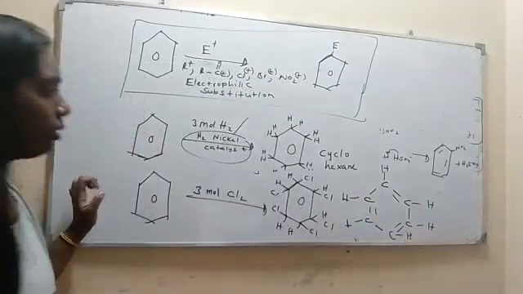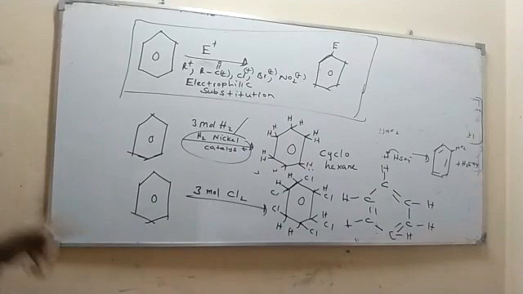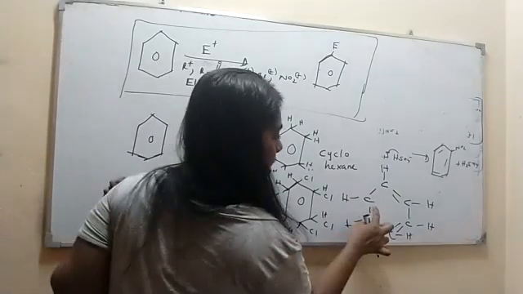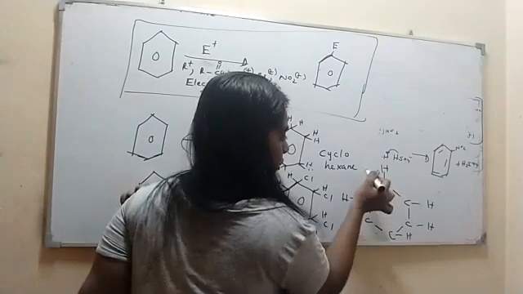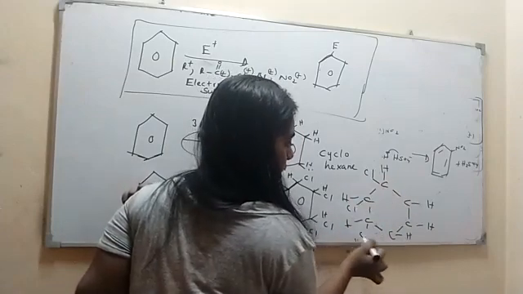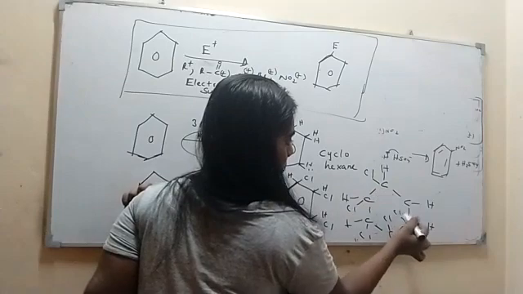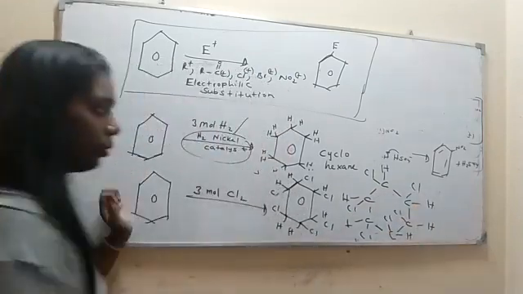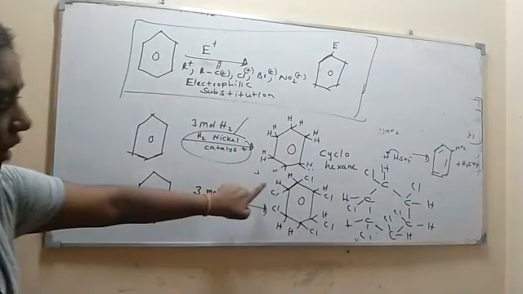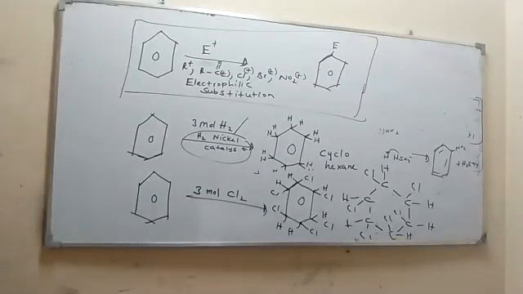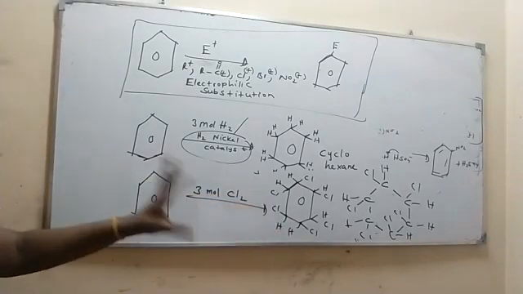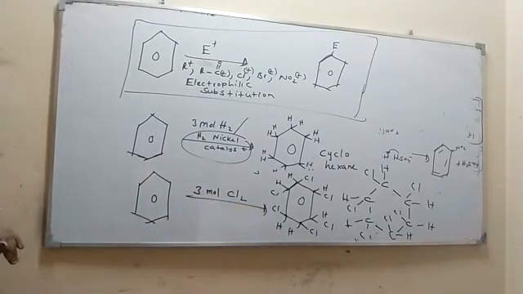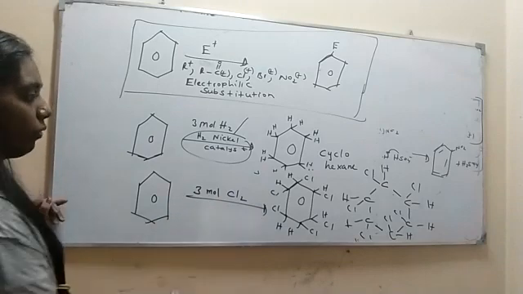Here, when I put 3 moles of chlorine, these 3 double bonds break, and at every position one chlorine is attached. Hydrogen is not coming. Why I am showing the hydrogen is because in a benzene ring there are normally 6 hydrogens, so that's why I am showing those hydrogens. Here what is being attached is chlorine. So the reagent I am putting is 3 moles of chlorine.